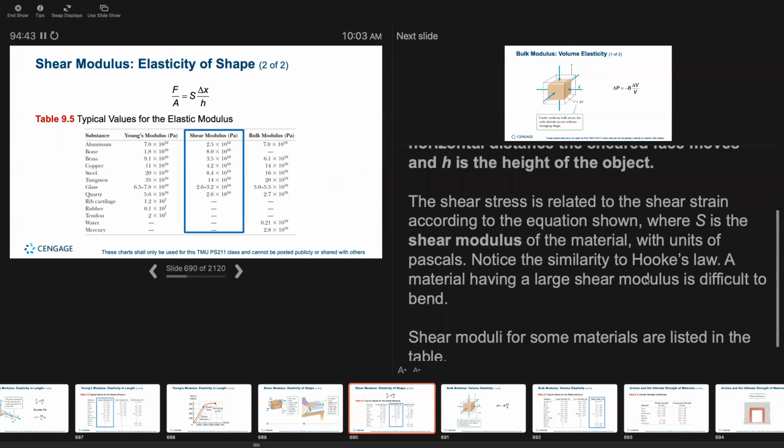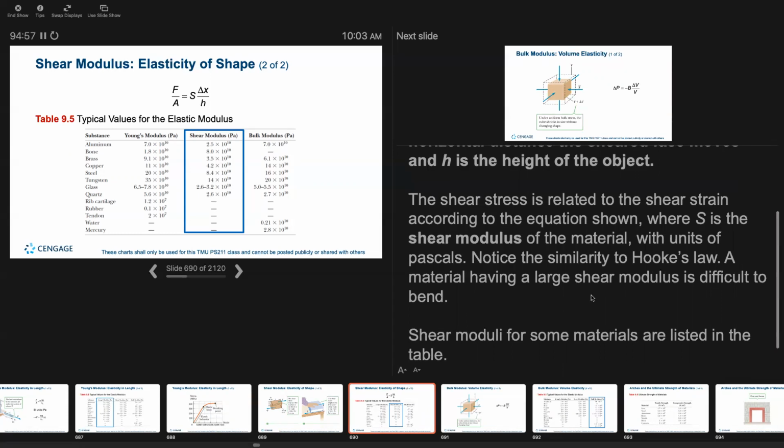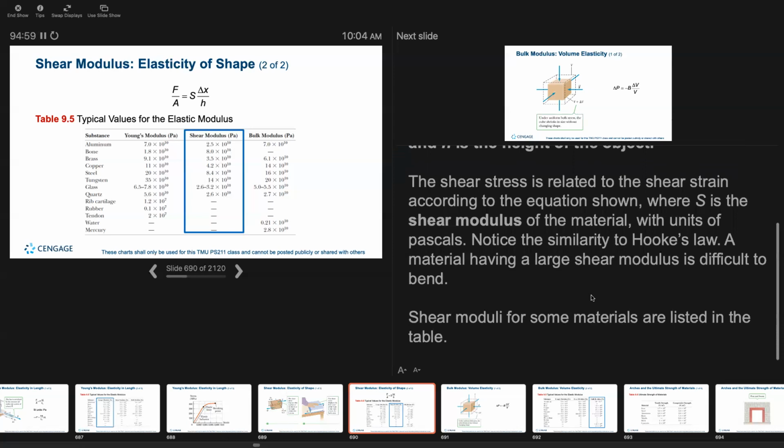The shear stress is related to the shear strain according to the equation shown, where S is the shear modulus of the material, with units of Pascal. Notice the similarity to Hooke's law. A material having a larger shear modulus is difficult to bend. Shear moduli for some materials are listed in the table.